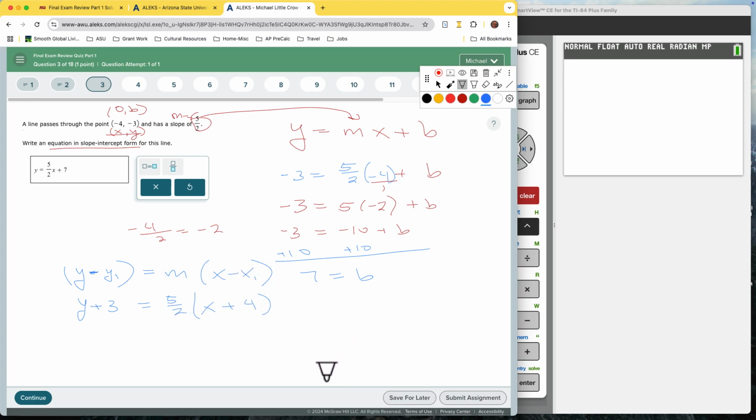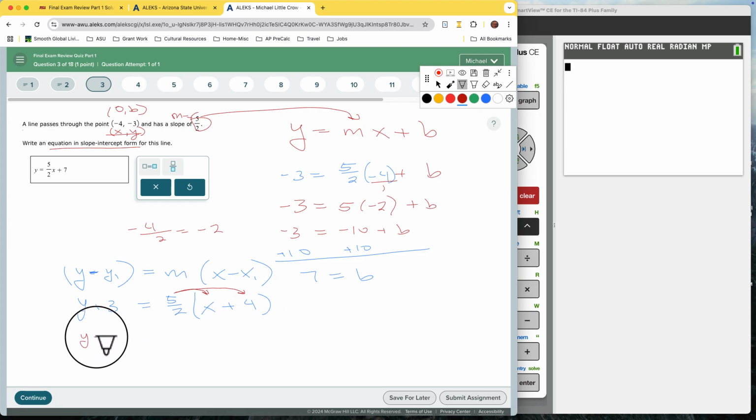Now this is going to distribute through, and then you just subtract the 3, and it's a little easier to solve. When you're done, let's go ahead and do that. If you don't like this method, you could sign off at any time, right? You still get the same process here.